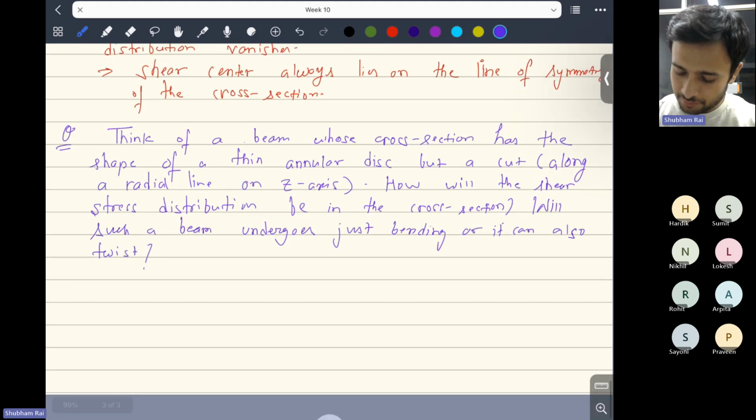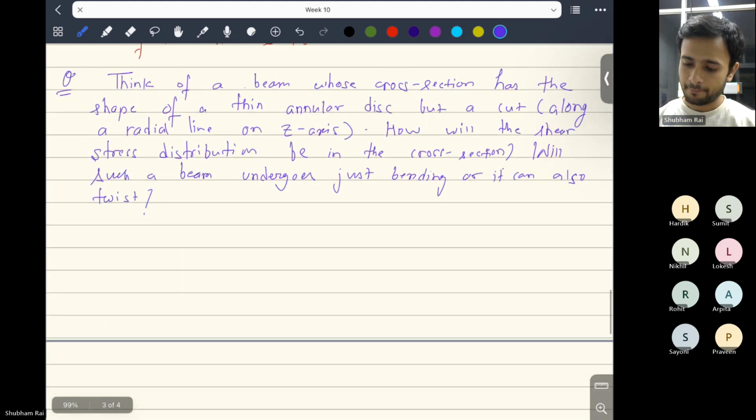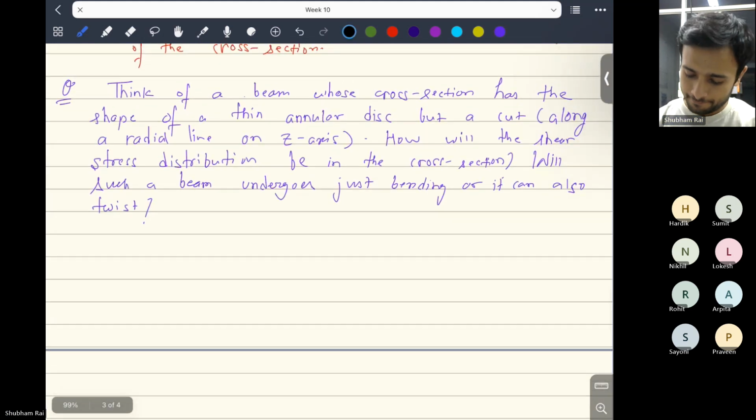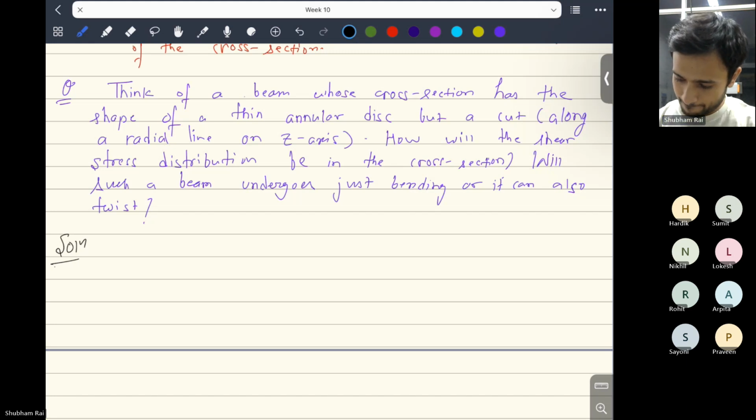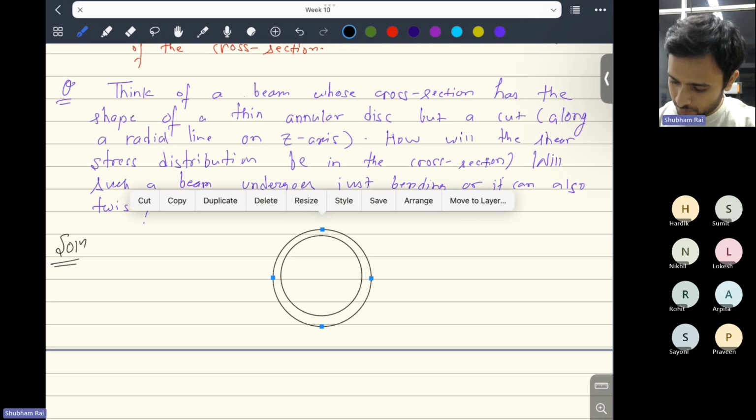Anyway, firstly, let me draw the diagram. Let me draw this first circle and the second circle.